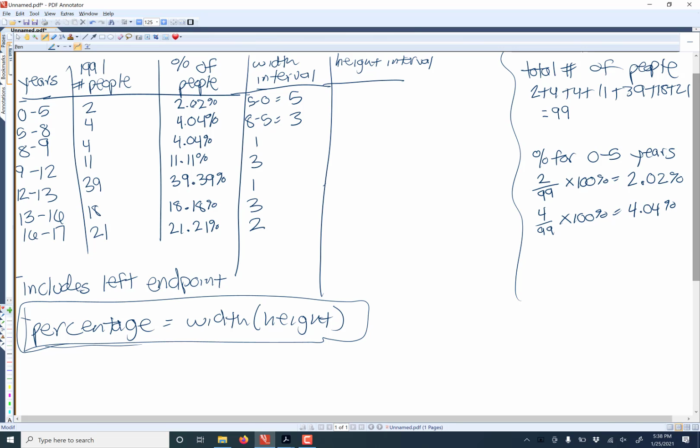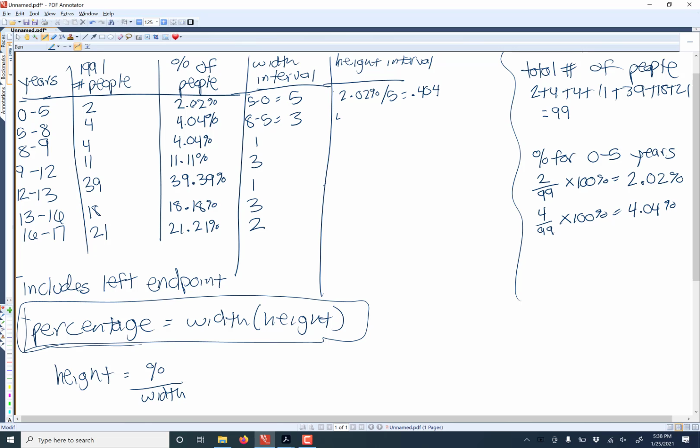So if we want to find the height, we're going to take the percentage and divide by the width. So the height for this interval is 2.02% divided by the width of 5, which gives me 0.404. So that's the actual height that I'm supposed to do.